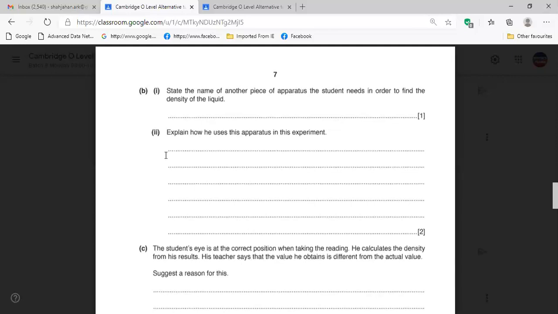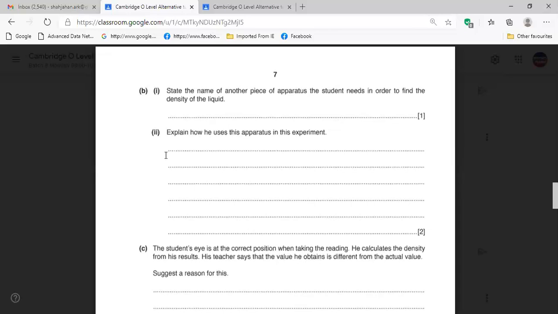You don't bring the measuring cylinder here. Only one thing you can mention, that you are taking the water from the measuring cylinder to the beaker, for taking the second reading. It's clear, right?